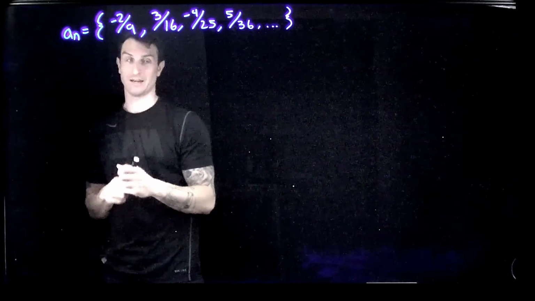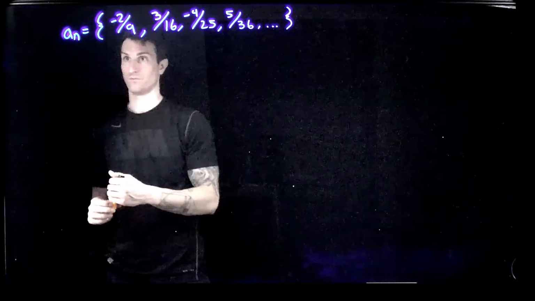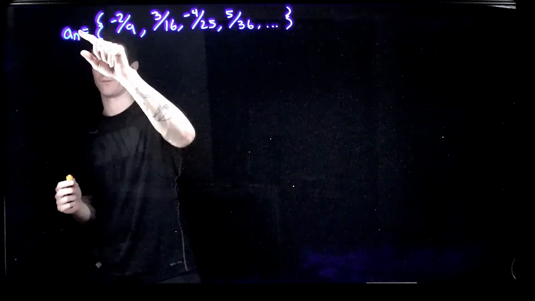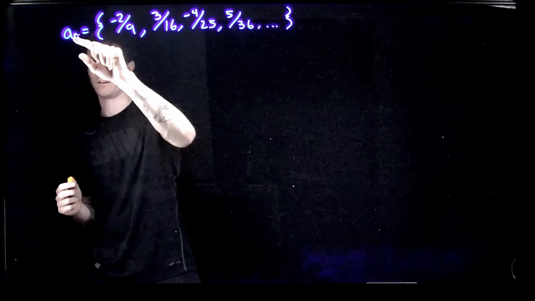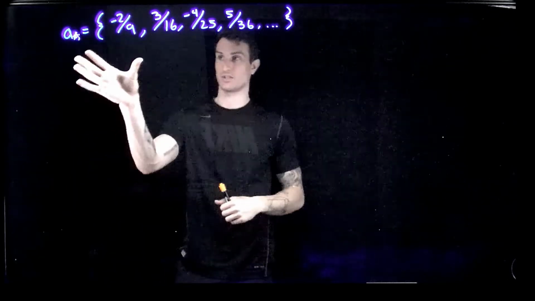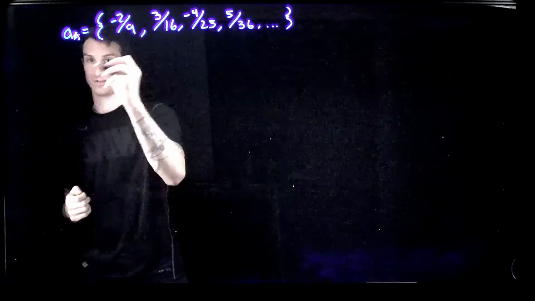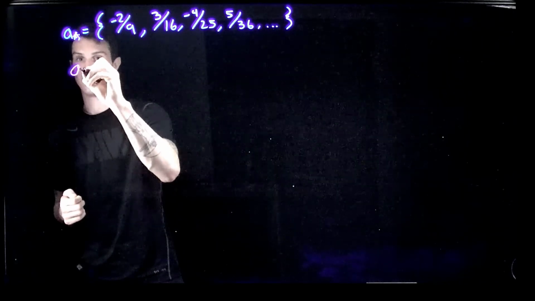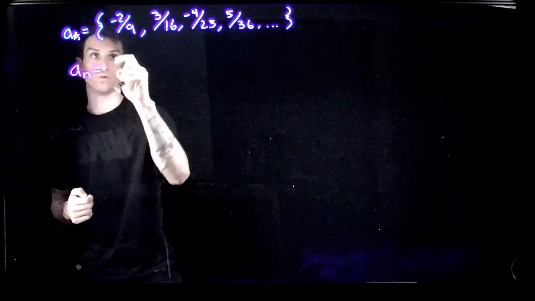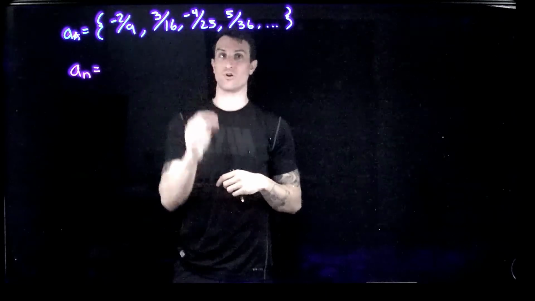So if I give you some terms, now I want you to find me the function a sub n. So find the general term a sub n. I don't want to label this. We'll just call this a for right now. This isn't supposed to be an n here. It'll just look a little blurry. That's fine. So this is just our ordered list here. And I want us to find the general term. This is what I'm supposed to write down here, a sub n. We want to find the actual function that is mapping, or making this all work out.